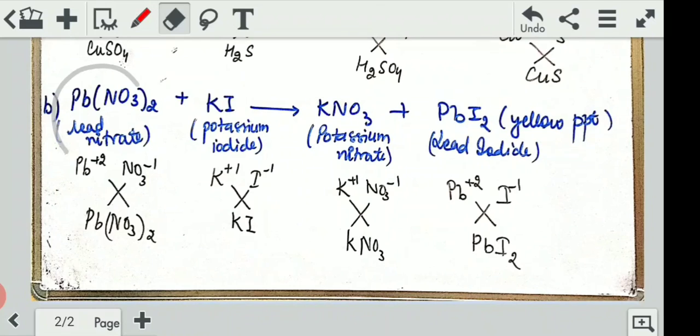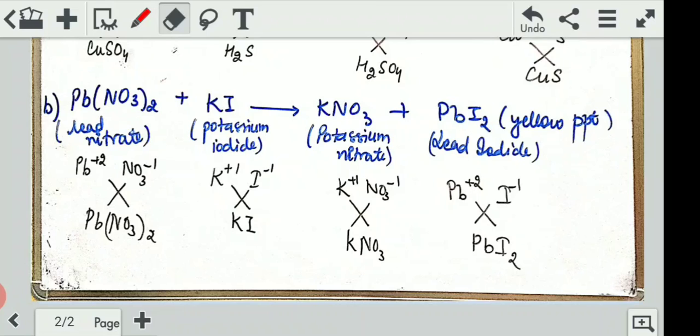Similarly, we have another example of lead nitrate which reacts with potassium iodide. You can figure out potassium might be reacting with nitrate and lead might be reacting with iodine. You might have one question: why isn't lead reacting with potassium and why isn't iodine reacting with nitrate? This is because I mentioned before that metals react with non-metals.